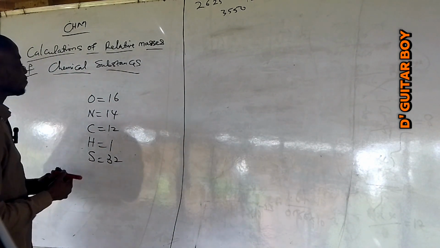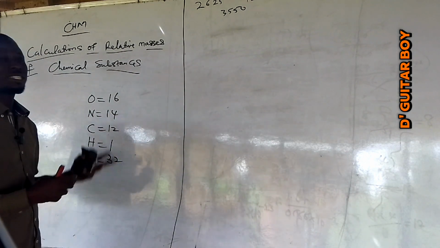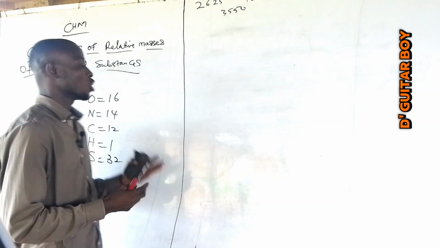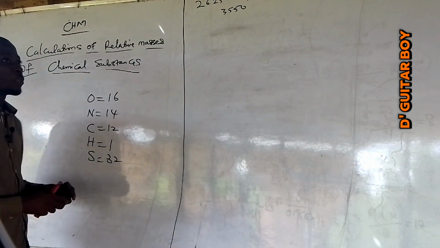So these are relative masses. When they ask you what is the relative mass of oxygen, these are the relative masses. If you watch that video, I believe you won't have issues with what you are having here.